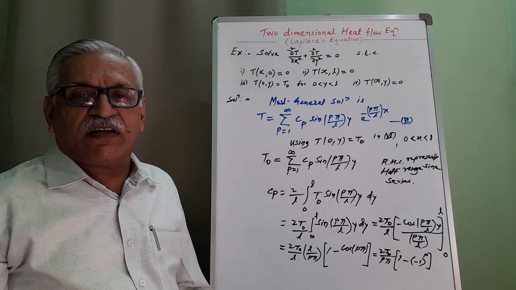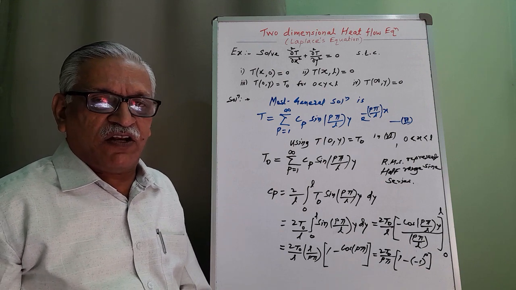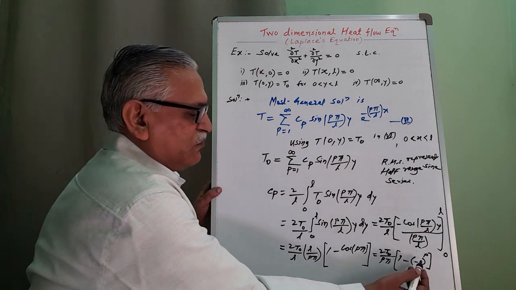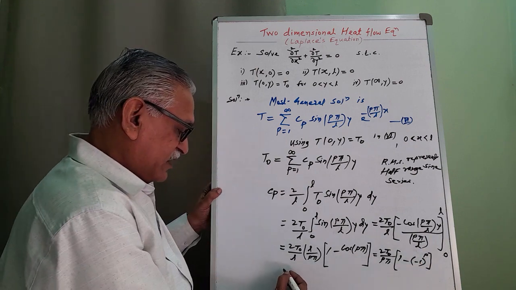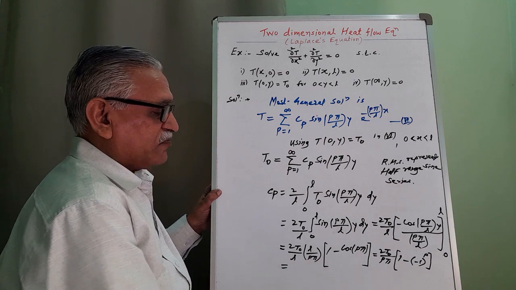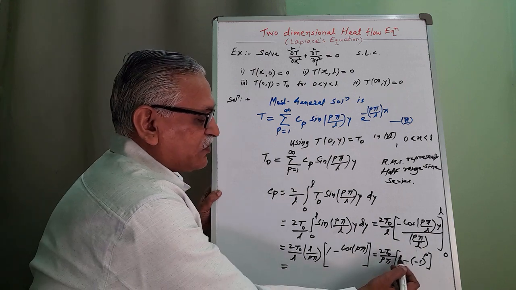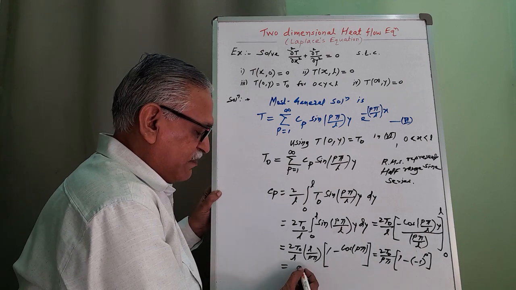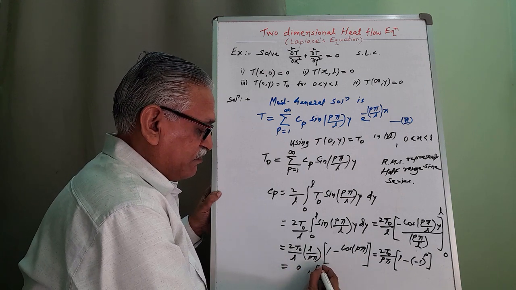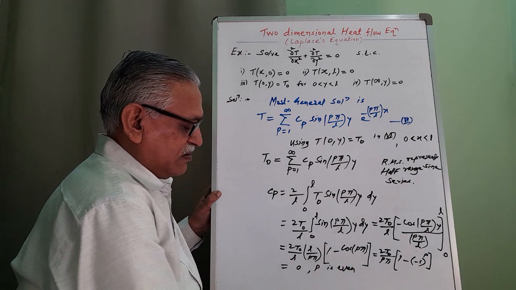And as we have that term 1 minus minus 1 raised to p, we require to find two different values: what is the value for odd and what is the value for even. Therefore, if we consider p as even, minus 1 raised to 2 is plus 1. 1 minus 1 becomes 0. Therefore, that becomes 0 if p is even.